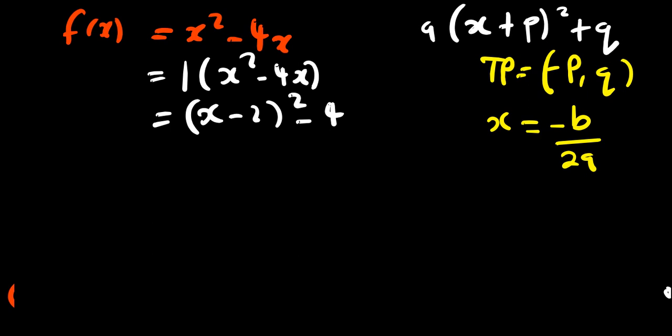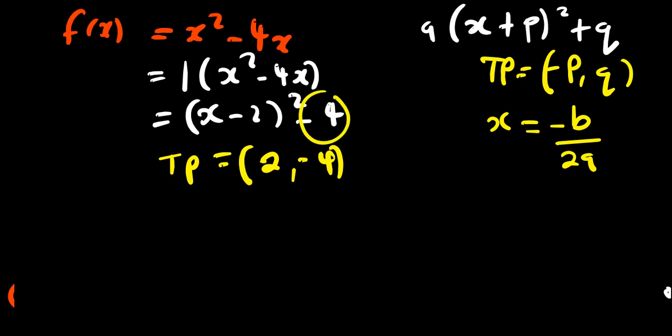The turning point is this value of x, like we've shown here, but now the sign will be alternating, okay? So the turning point for this graph will be 2, negative 4, okay? The 4 is there, the negative 4 is there.